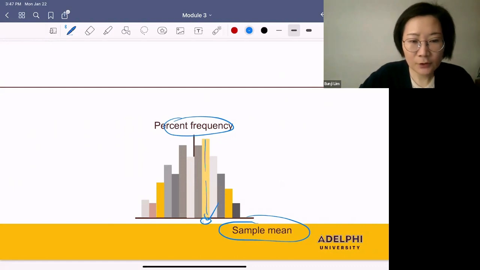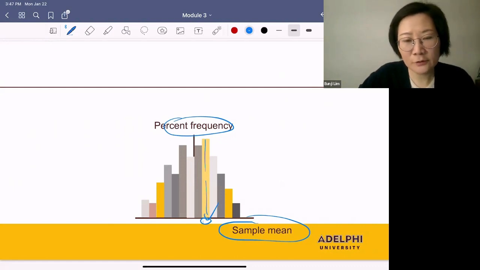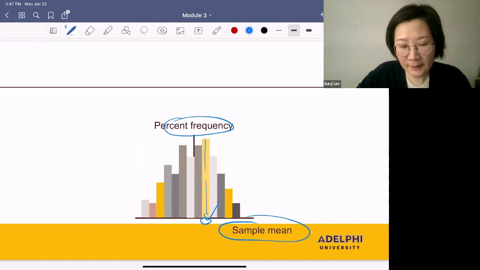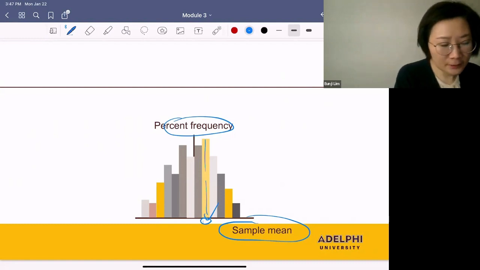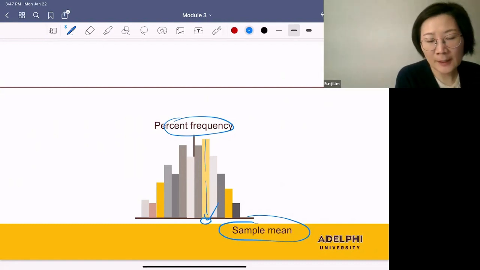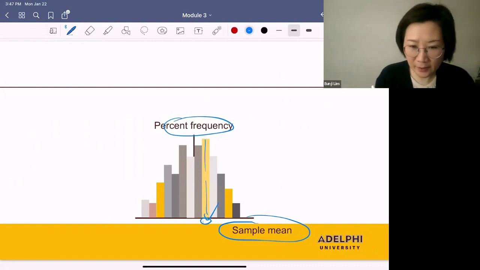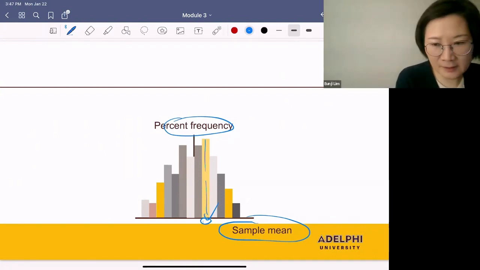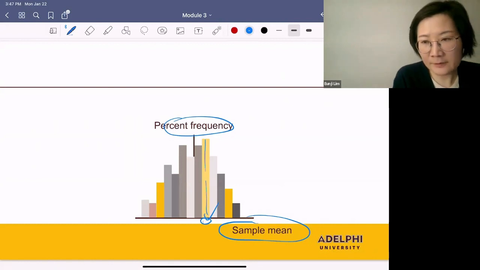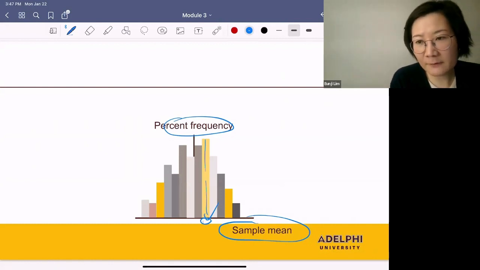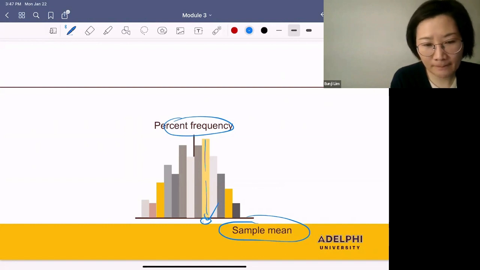And next, I want to turn to a theory called the central limit theorem. The central limit theorem says something about the shape of this distribution, the mean of this distribution, and the standard deviation of this distribution. First, it says the shape of this histogram gets close to a bell shape when the sample size n gets large. And this is true regardless of what type of data set you have.